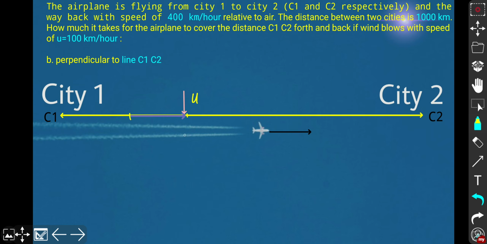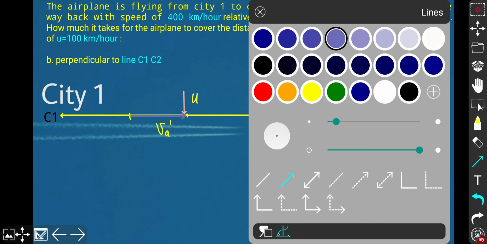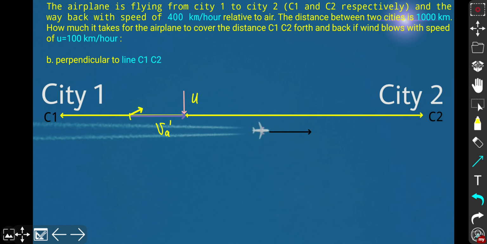That's going to be the resultant velocity of the airplane so that it sticks to the course from C1 to C2. So that's why the actual direction of how the airplane should move is supposed to be that way. So let's put the yellow one, and that's going to be the actual velocity, VA, of the airplane.